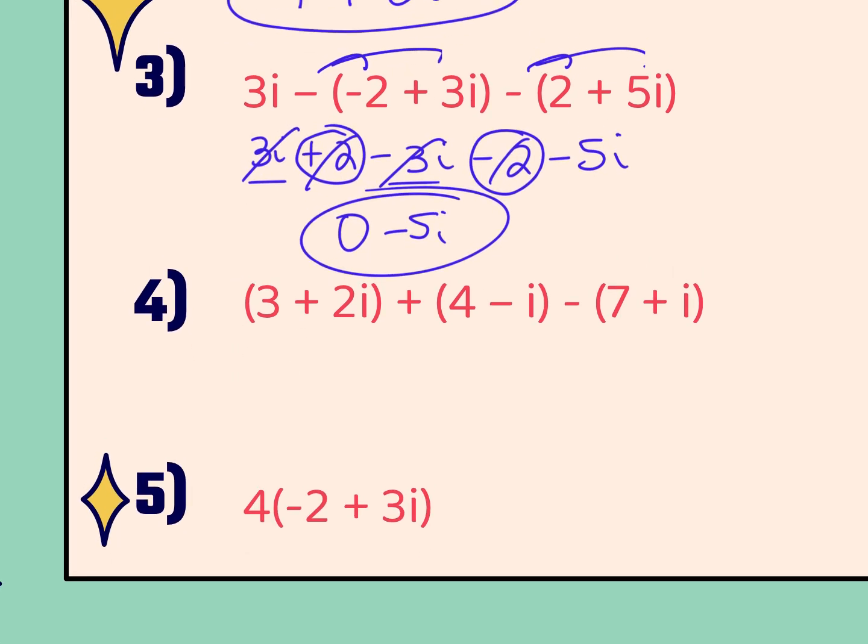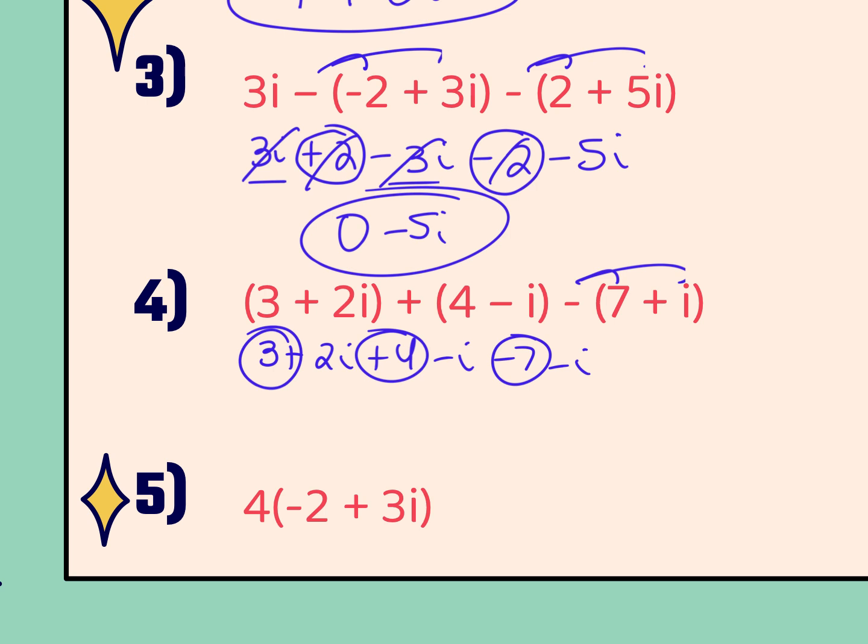All right, what do I have to do here before I can start adding? I got to distribute. Remind yourself, so it's 3 plus 2i plus 4 minus i minus 7 minus i, right? Real with real, so 3 plus 4 is 7, and then minus 7.